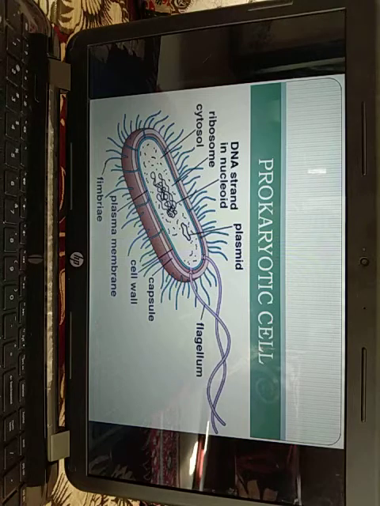Now, DNA of prokaryotes is considered naked because of its non-association with histone protein and absence of nuclear envelope around it. In E. coli, the nucleoid has a 1000 micrometer long DNA duplex with 4.6 into 10 to the power 6 base pairs. Nucleoid is embedded freely in the cytoplasm.